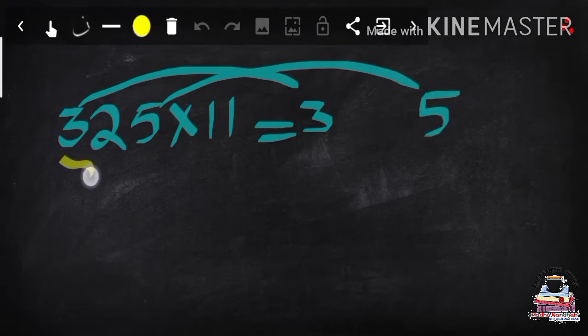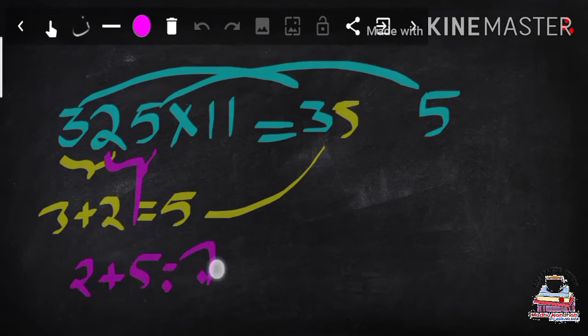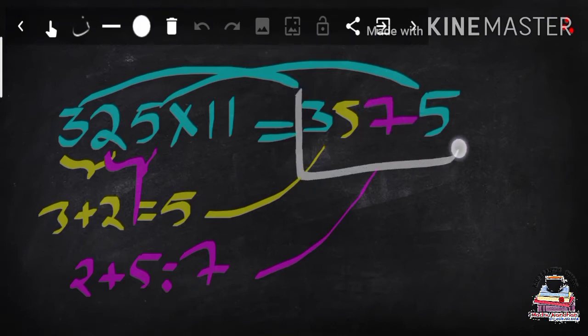And to get middle numbers, first I sum up 3 plus 2, that is equal to 5. And then again I will sum up second and third digit of our given number, that is 2 plus 5, that is equal to 7. So that we got the answer for 325 into 11, that is 3575.